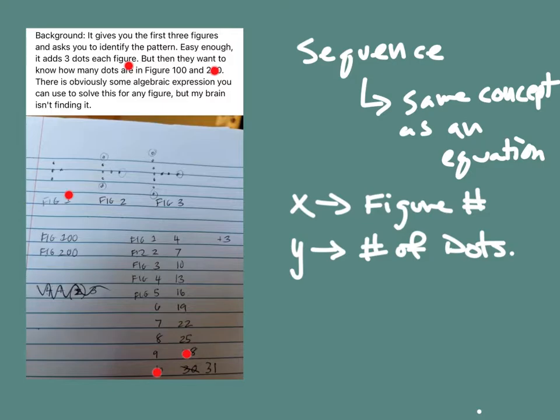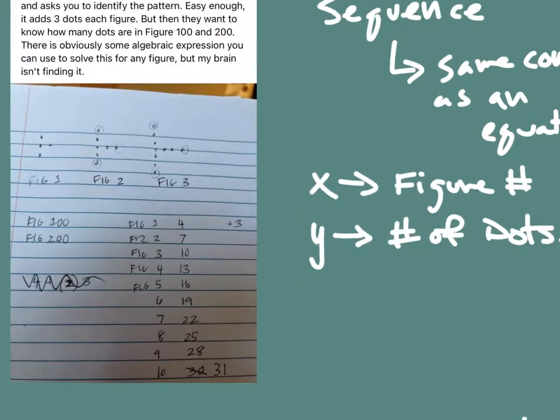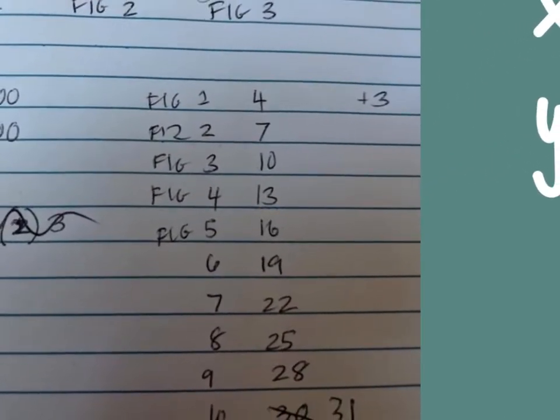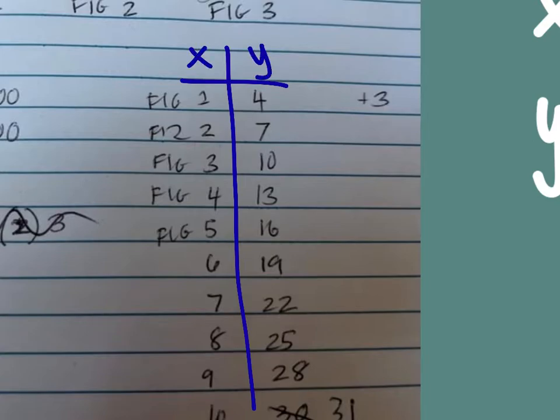As I look at your work, what I notice is if you think of this as an XY chart, your X values are increasing by 1 each time, and your Y values are increasing by 3 each time.